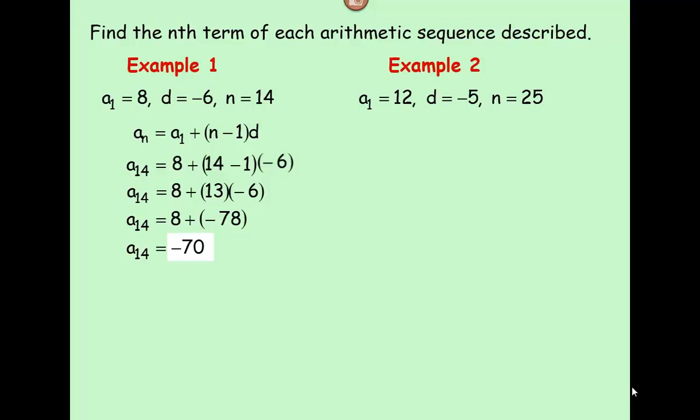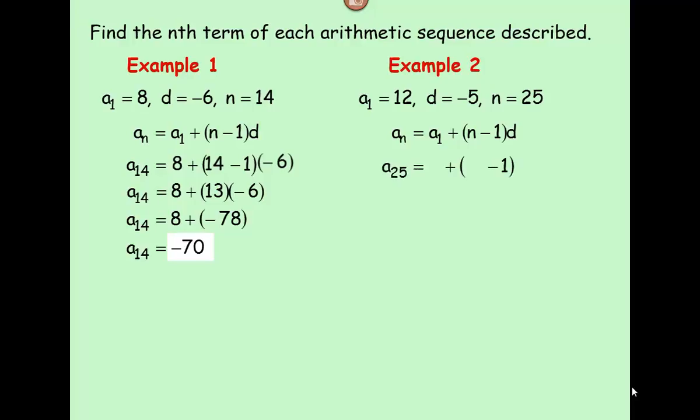In the second example, we had a sub n equals a sub 1 plus the quantity n minus 1 times d. We have a sequence that starts at 12. It goes down by 5 on each term, and we want the 25th term.